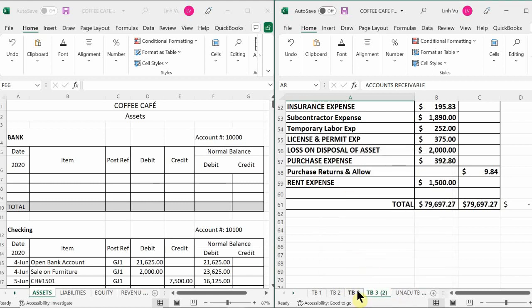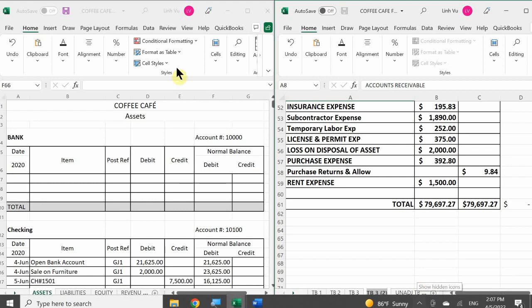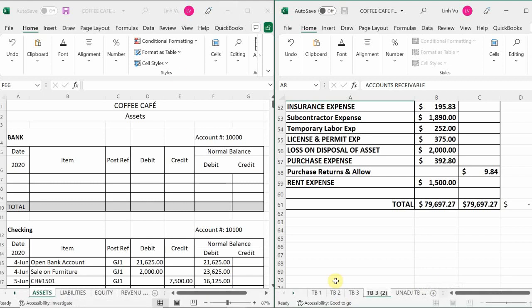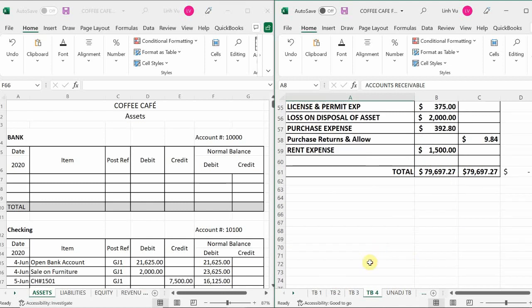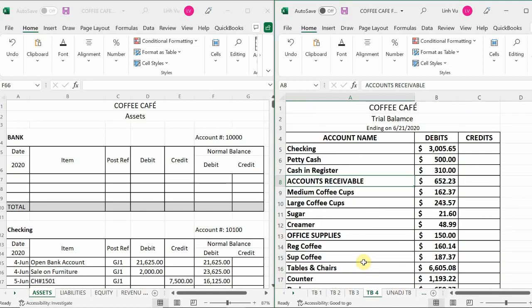Now, once I've done that, you're going to have your trial balance 3 and your trial balance 3 copy. I'm going to make a name change and change that to trial balance number 4. So in this case, I made an exact copy. I copied all the numbers and the entire spreadsheet over, including the formulas. The formulas are still intact.